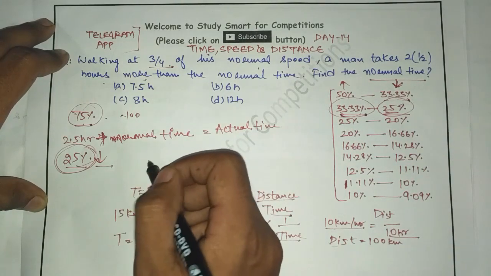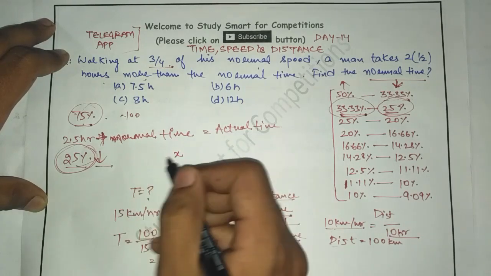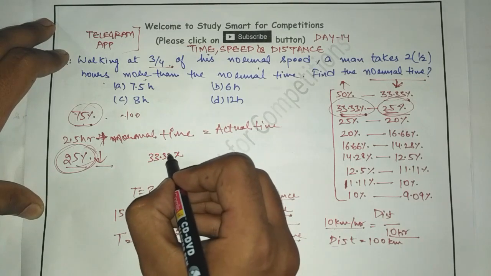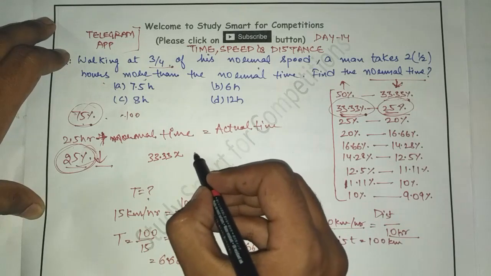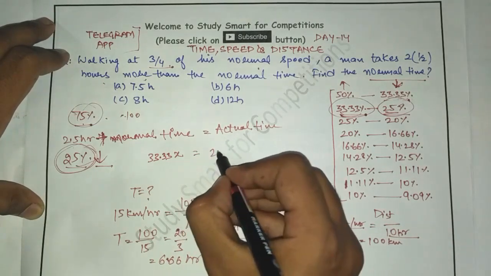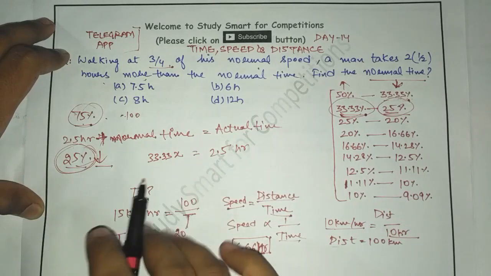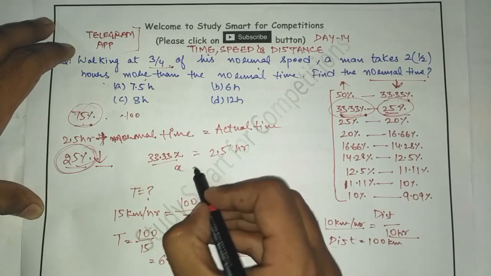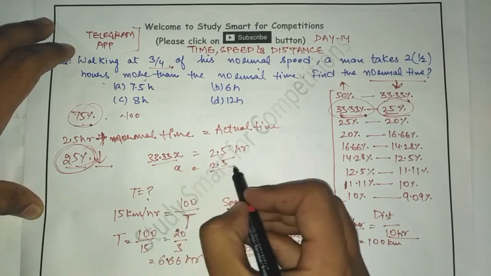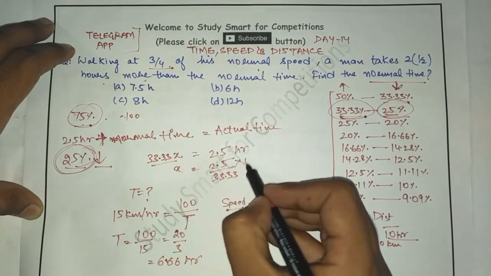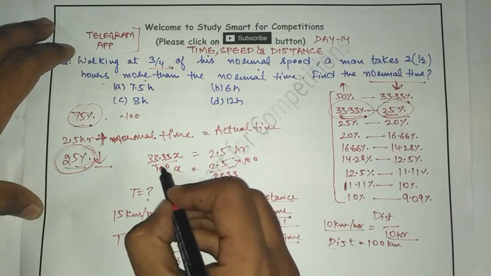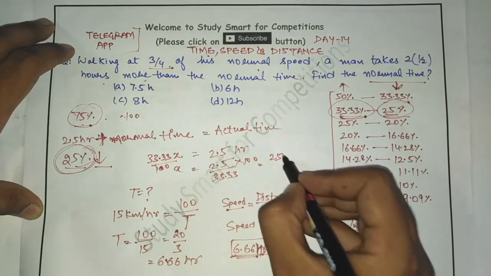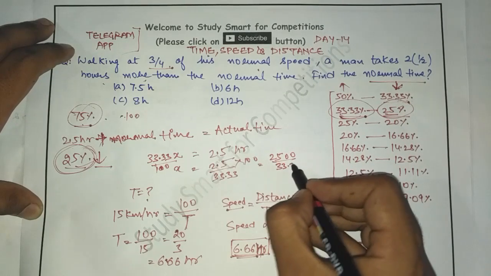So if your original time was x, 33.33% of x would be 2.5 hours. Correct. So in order to find x, you need to divide 2.5 by 33.33%, multiplied by 100, because there is a percentage, 33.33% of x. So it comes out to be 2500 over 33.33.